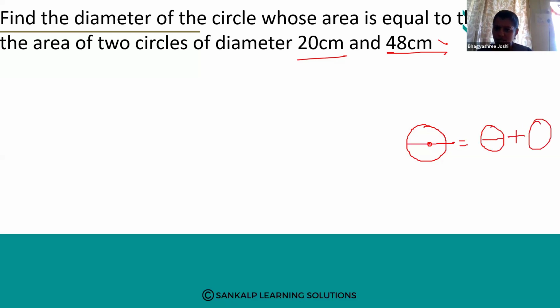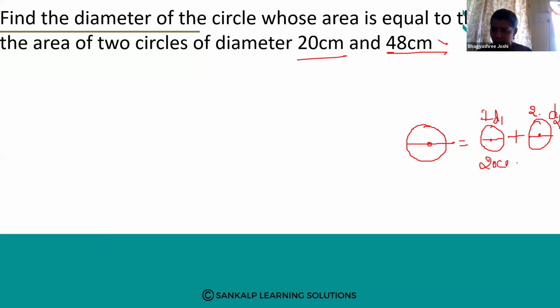So this is first circle, this is second circle. Call their diameters D1, D2. That means the diameter of the first circle and the diameter of the second circle they have given, that is 20 centimeter and 48 centimeter.